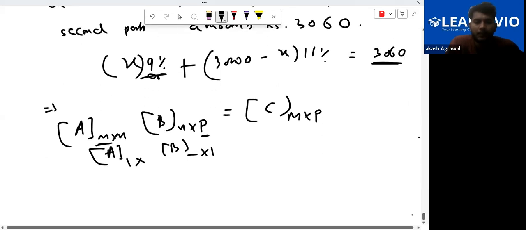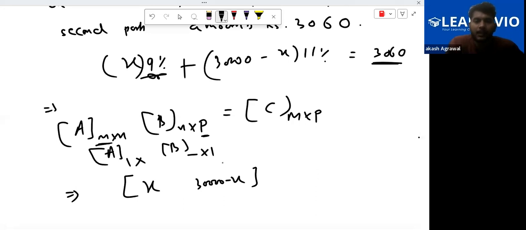Yes, sir. So A must have one row. In the one row we can write x and 30,000 minus x, and this should have one column: the interest 9% and 11%.